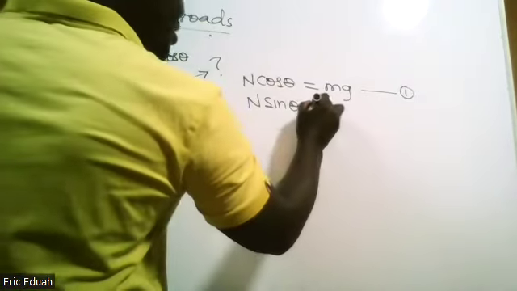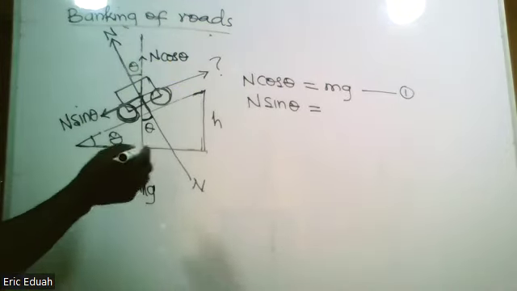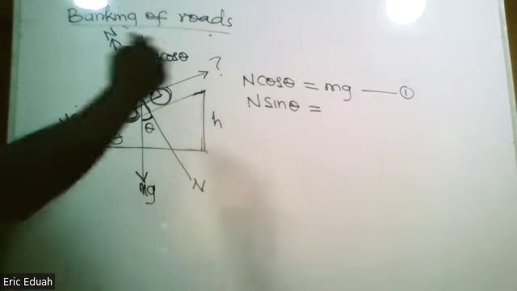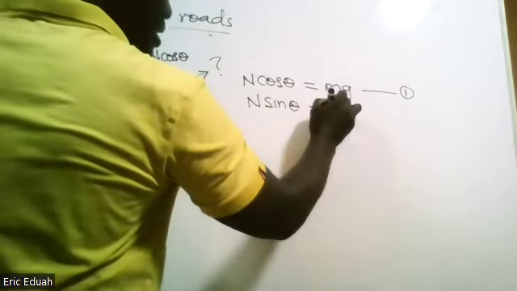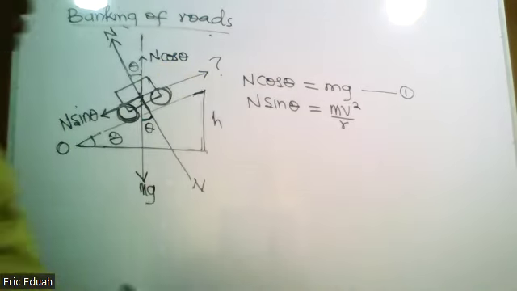And by virtue of its direction, okay, there's the center of the banked road curve. So we equate this to centripetal force, mv squared over r.